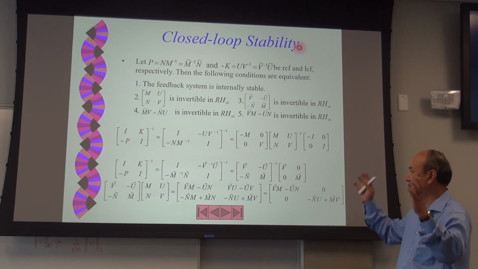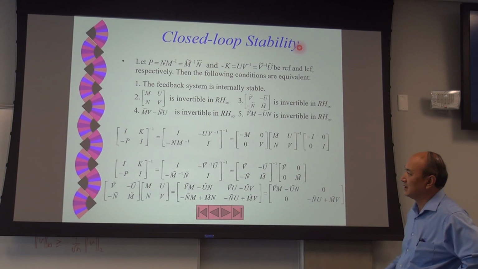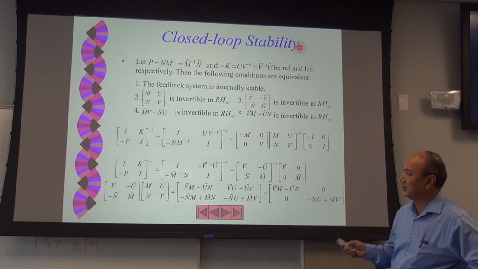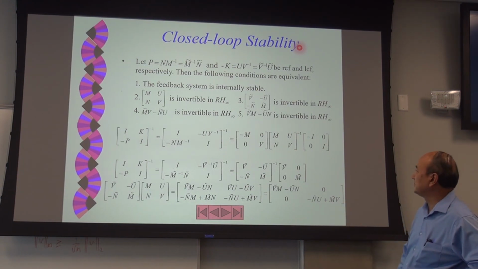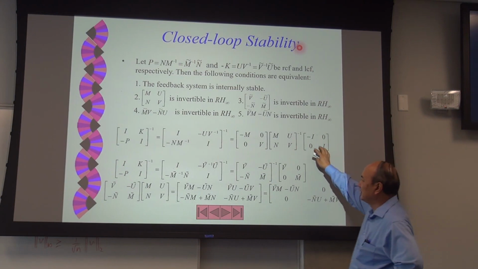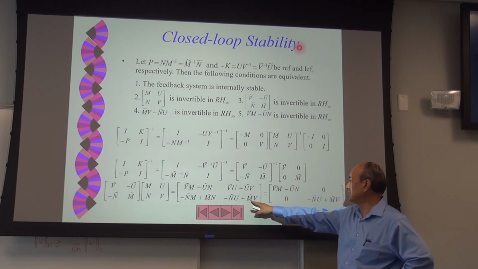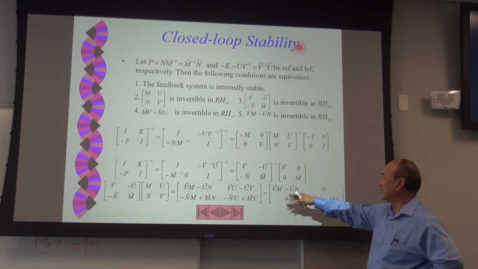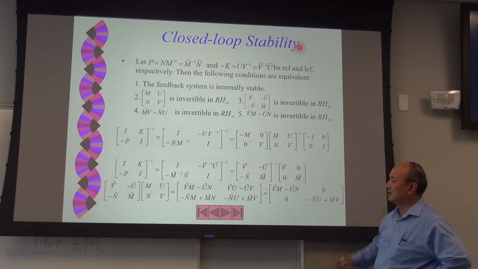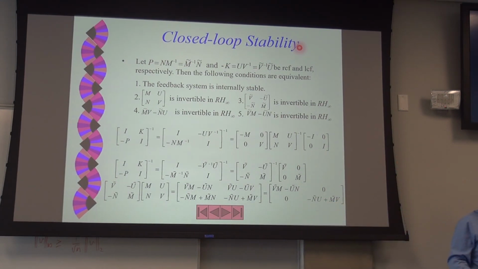KSPS is a transfer function matrix, and each one has an ij term. When you do this, you end up here. So you can diagonalize it, and that's why you should make this one invertible, and this one invertible.